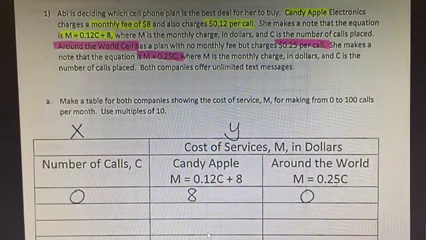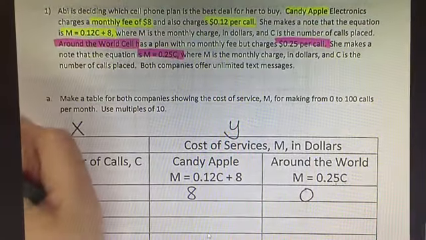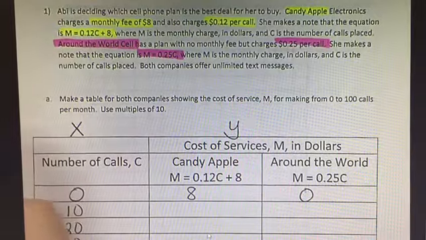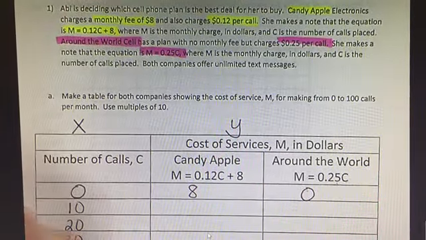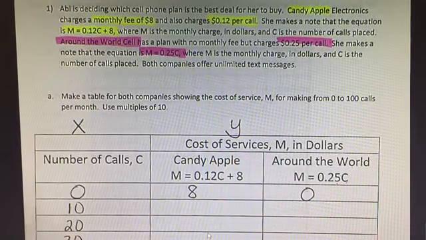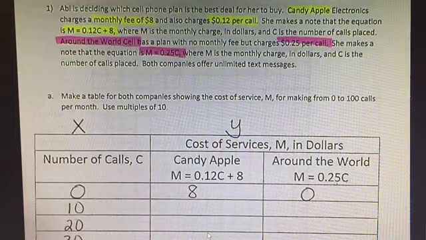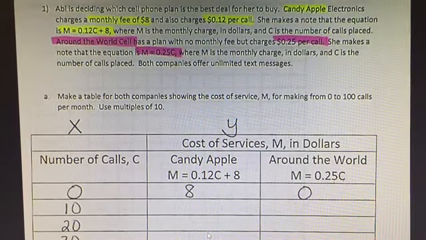It wants us to do multiples of 10, so we're going to go 10, 20, 30, 40, 50, 60, 70, 80, 90, 100.